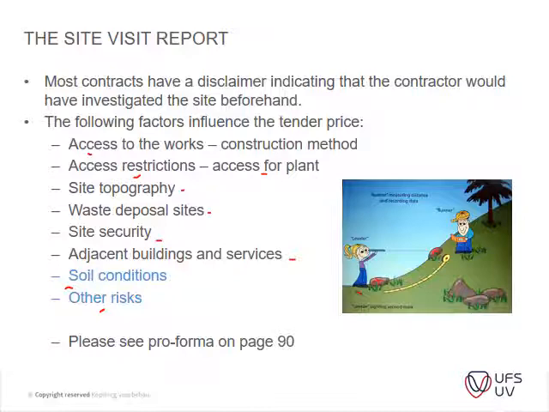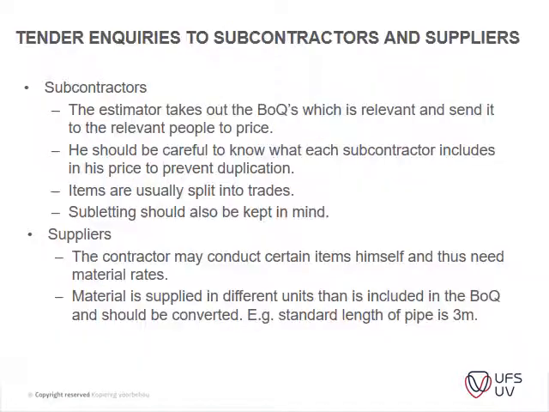Like for instance, is there a school nearby that might be a hazard for children maybe falling into excavations? What type of barricades do you have to use on site? You can have a look at page 90 for the pro forma checklist for your site report.